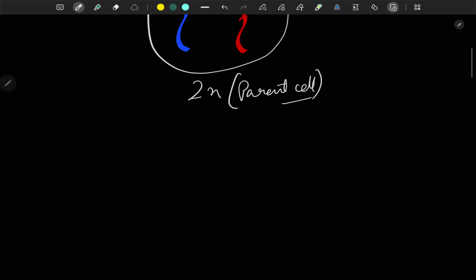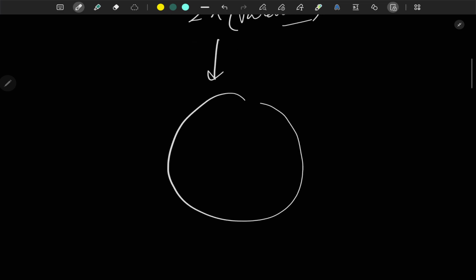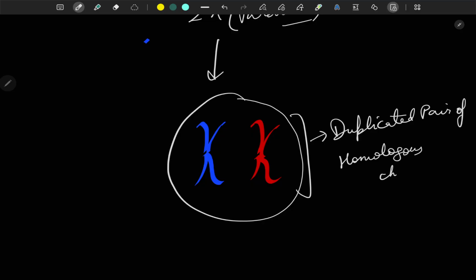Now what happens is duplication happens. Here the chromosomes get divided, we can say duplicated. Now these are called a duplicated pair of homologous chromosomes. And you know, when the chromosome gets duplicated, sister chromatids get formed.